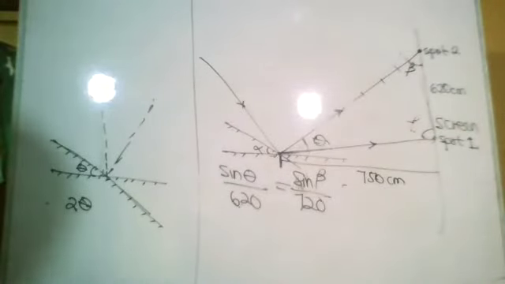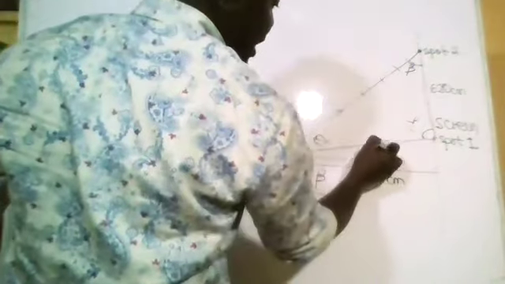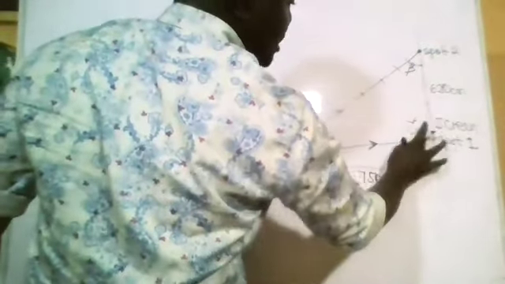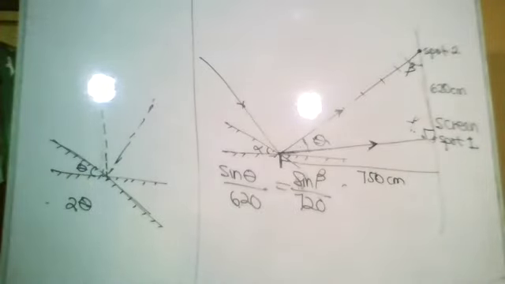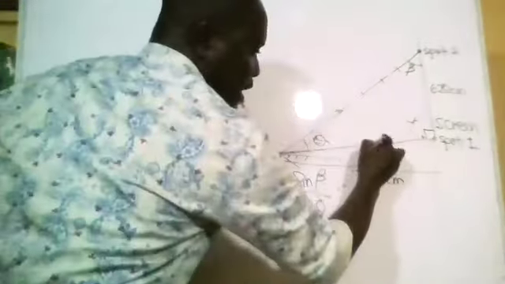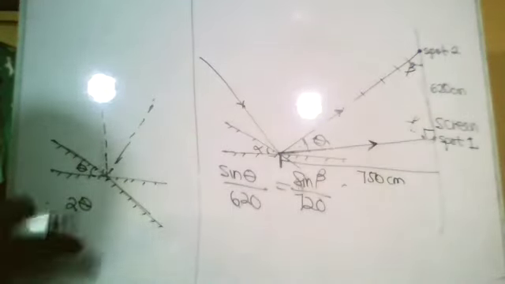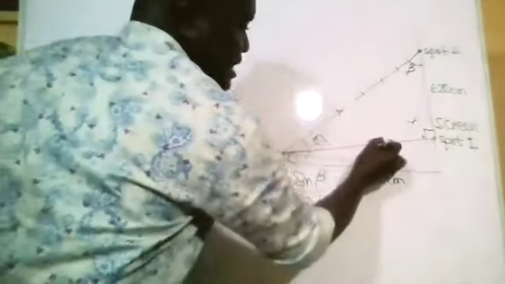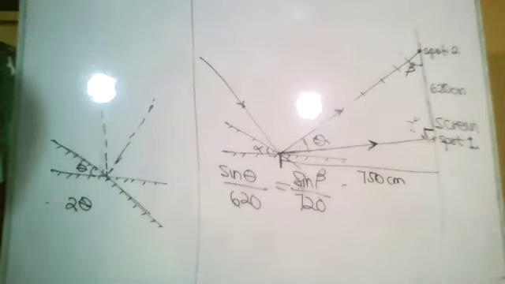it won't be possible. So usually for screen questions, the first incident ray is taken to be perpendicular to the screen. At your level, that is how we usually set the question, that the first incident ray is perpendicular to the screen, so that this will be 90 degrees, and we can use trig ratios to find the angle.